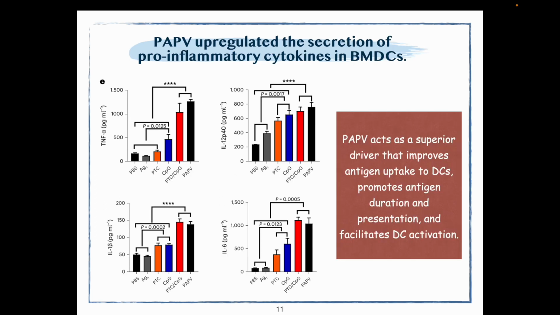Coincident with the upregulated markers on the activated DC, pro-inflammatory cytokines were found to be secreted from both the PTC pretreated with CpG group and the PAPV group. So to sum up the previous results, we can conclude that PAPV acts as a superior driver that improves antigen uptake to DC, promotes antigen duration and presentation, as well as facilitates DC activation.